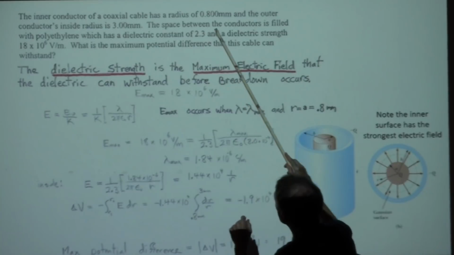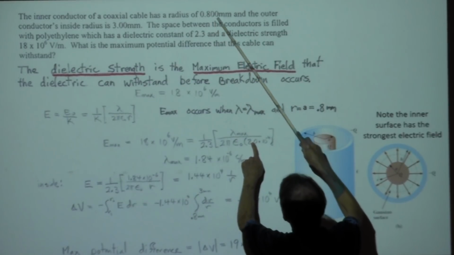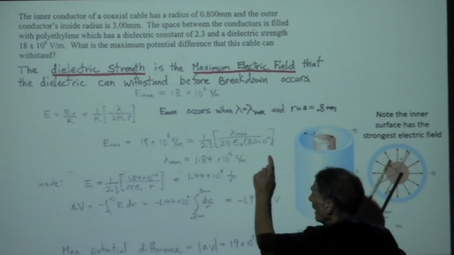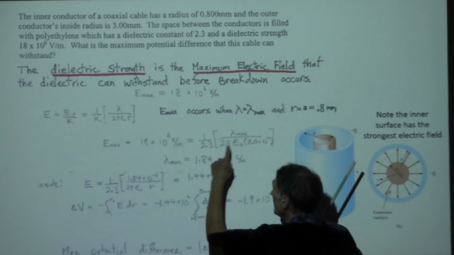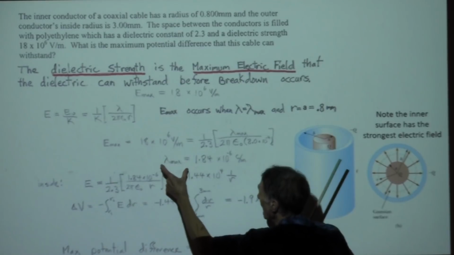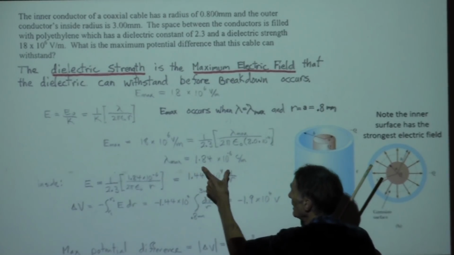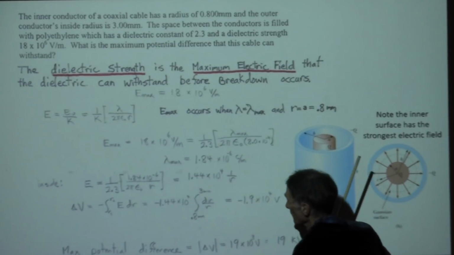So that's where I got the 0.8 millimeters coming in here. And then I solved for the lambda max. This is the maximum amount of charge I could put on this thing, this many coulombs per meter.